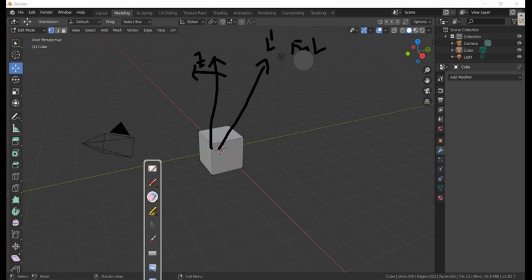Then the next step is to align this line with any of the primary axes. To do this, first you have to push this line onto some primary plane.